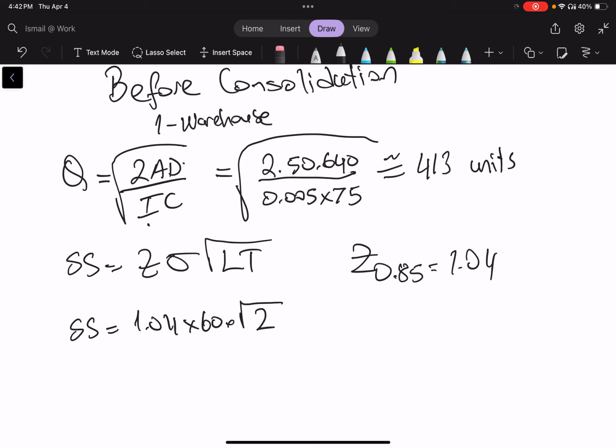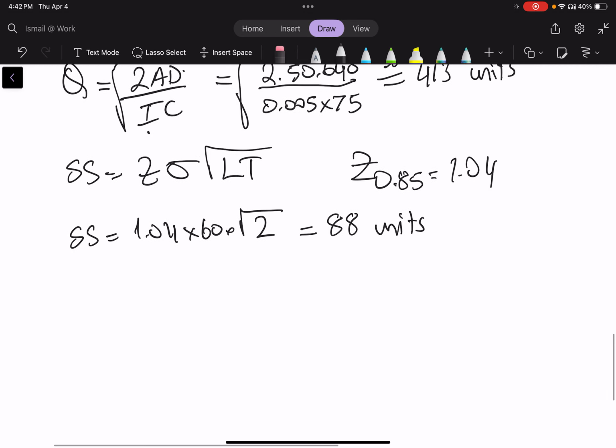And standard deviation is per week. So instead of using lead time as 0.5 months, I'm going to say 2 weeks. That way, week and week are time consistent. And if I do the math here, the result is 88 units. Right, so we are going to keep 88 units as the safety stock.